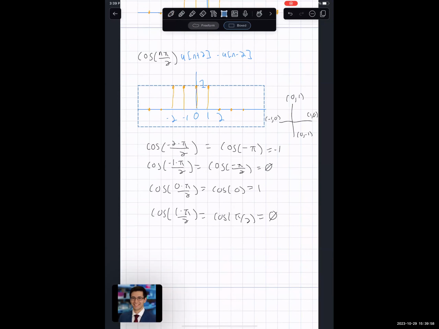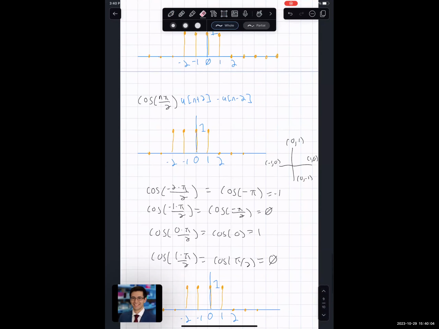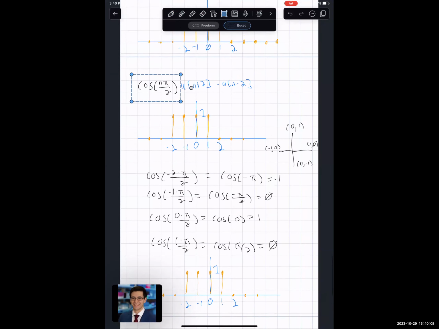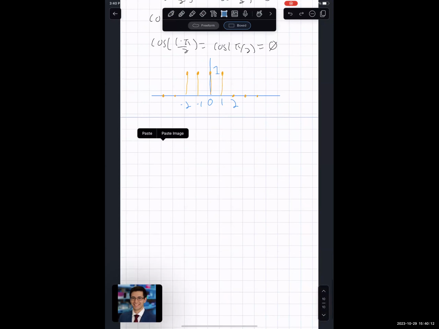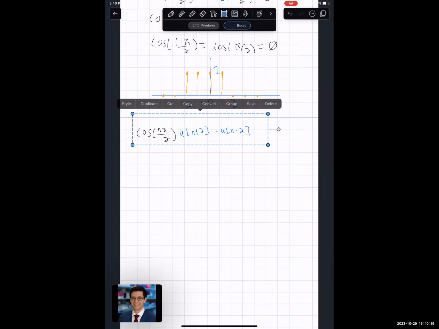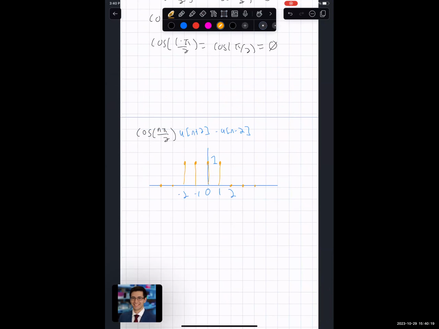Let's redraw this. So now we're multiplying it, guys. What is the value going to be at n equals -2? We know that it's going to be this value times what?